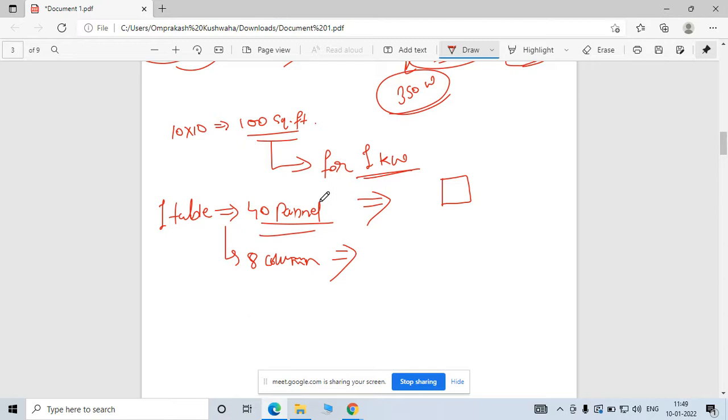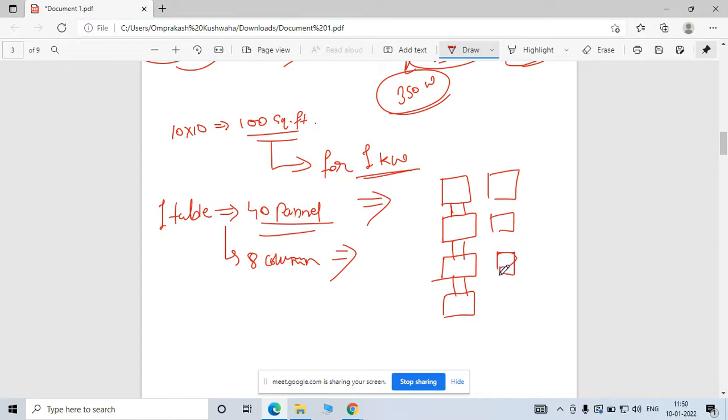Okay, now suppose two of these panels are connected just like that, right? And this is a series parallel combination of this panel, right? Now the second one you install from this side, right?